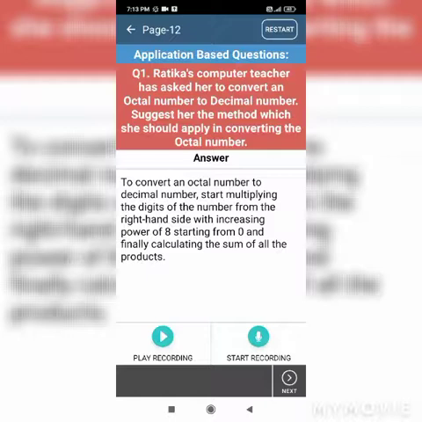Suggest to her the method she should apply in converting the octal number. To convert an octal number to a decimal number, start multiplying the digits of the number from the right hand side with increasing powers of 8 starting from 0, and finally calculate the sum of all the products.